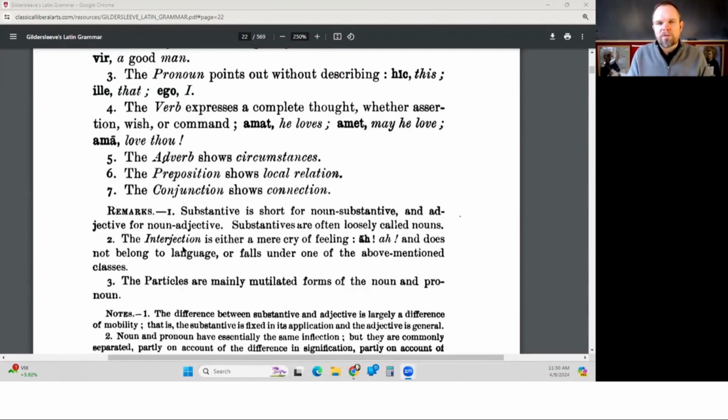And it can also be used with adjectives to add further detail to an adjective. Okay, so the adverb shows circumstances, it adds more detail to verbs and adjectives. The preposition, oh, and I should just say also that the word adverb, the name, means set next to a verb or set next to a word.